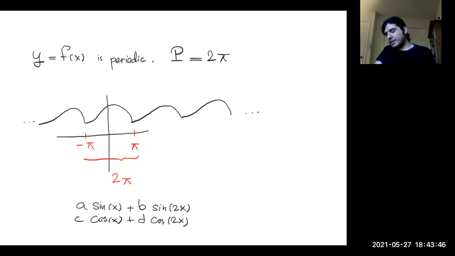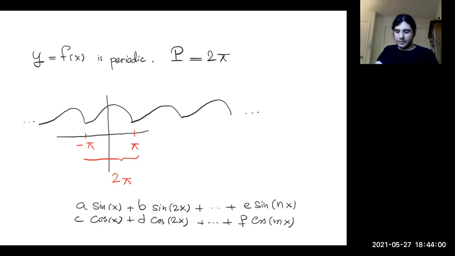If I add other trigonometric functions, say e sine of nx or f cosine of mx, and even if I add a constant, shown with capital C, the resulting function still has period equal to 2 pi, okay?